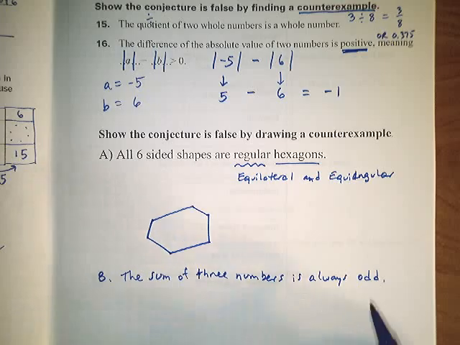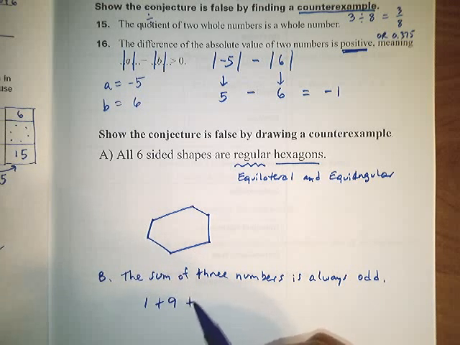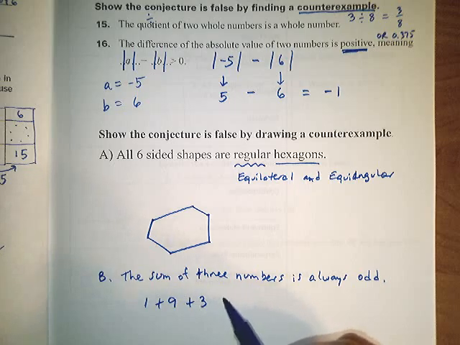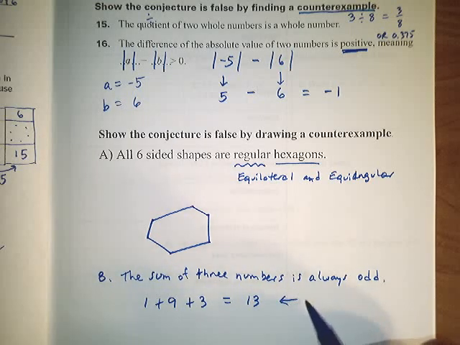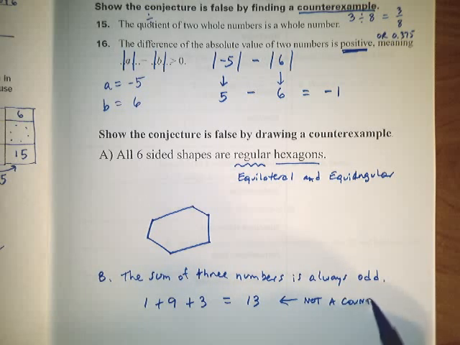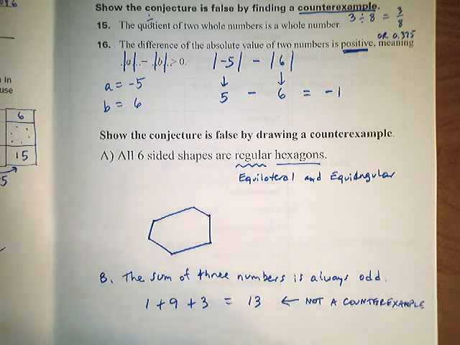That means that when you add any 3 numbers together, the answer is an odd number. Well, what if I added 1 plus 9 plus 3? Well, that's 10, that's 13. Oh, that's not a counterexample, is it? Because that's showing what they're saying. We need to find something that shows that it's not always true.